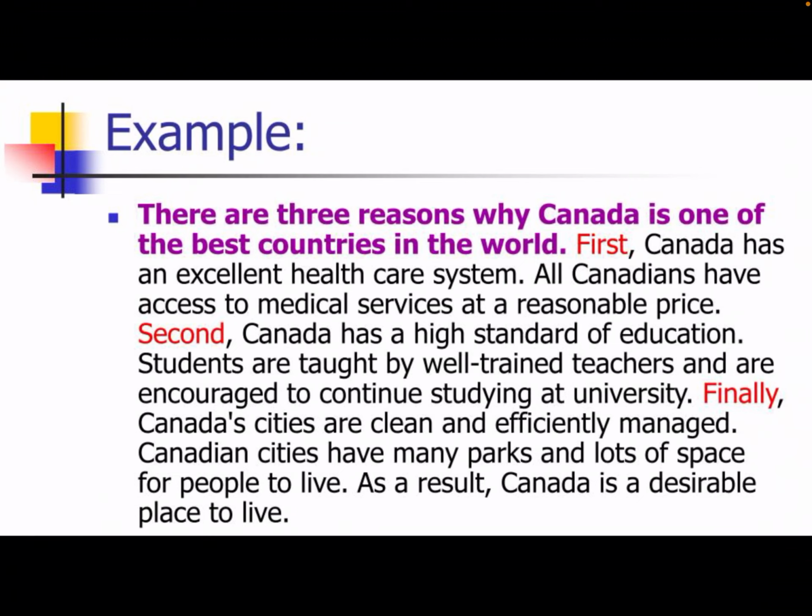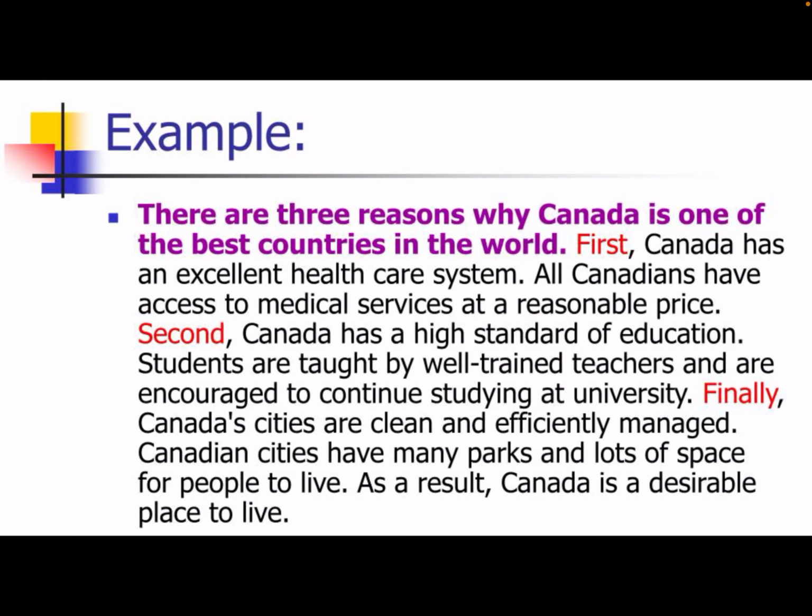So I have my topic sentence: There are 3 reasons why Canada is one of the best countries. And then I have my supportive sentences, which is first, second, and I talk about it. I say Canada has an excellent healthcare system. And then I give more information about it.